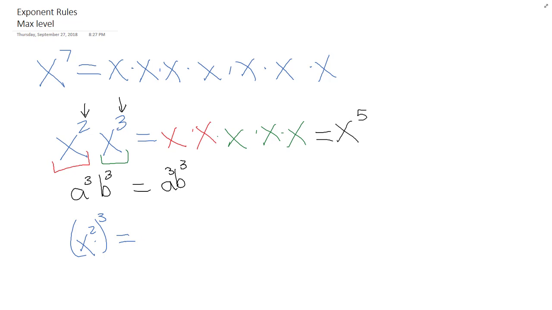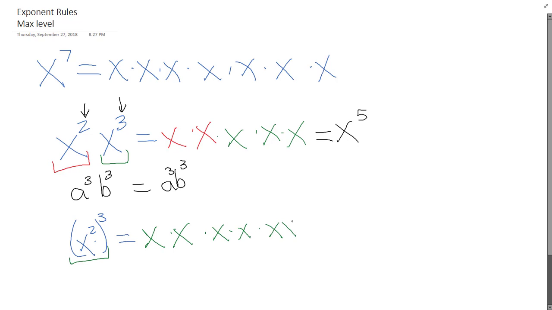So this is x times x times x times x times x times x, 3 times. If you want to group these in parentheses, you can, just to emphasize that we've done it 3 times. How many x's total? There's 6. So the rule is raise a power to a power, multiply them together.